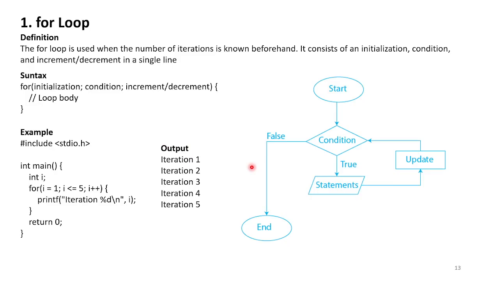The for loop is very important. In most cases we'll be using the for loop. So let's discuss the definition. The for loop is used when the number of iterations is known beforehand, meaning we know how many iterations we have to go.